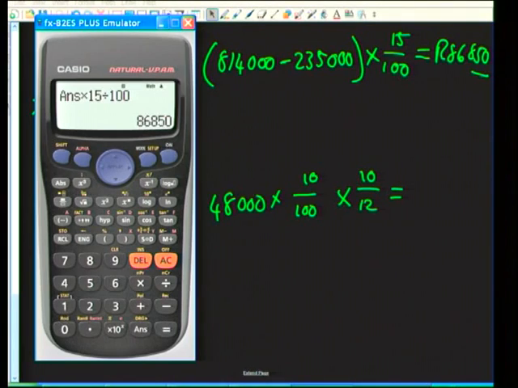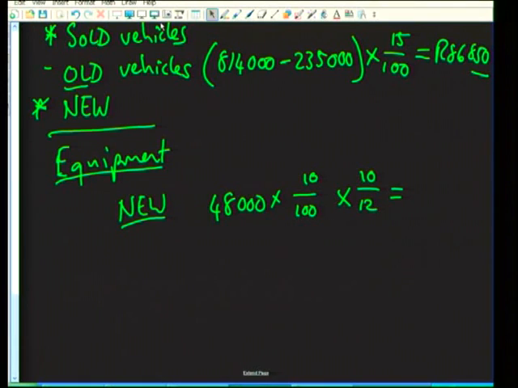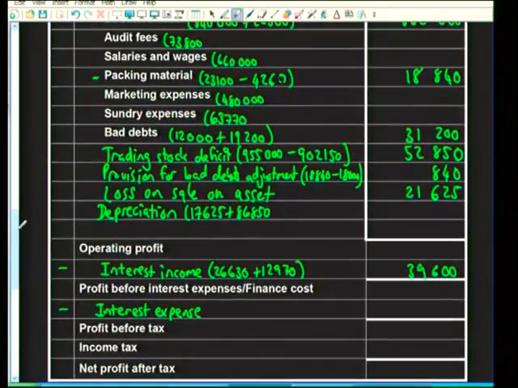Let's see what the answer is. 48,000 times by 10% times by 10 over 12. The answer comes to 4,000 Rand, and that is the depreciation on my new equipment. So once again, you've calculated that part of the answer. Let's put it immediately into our depreciation, plus 4,000 Rand over here.